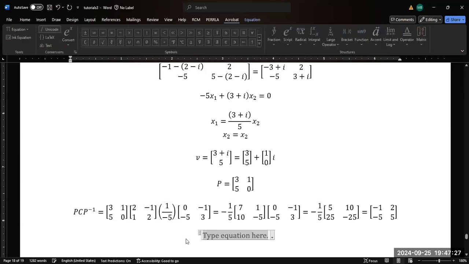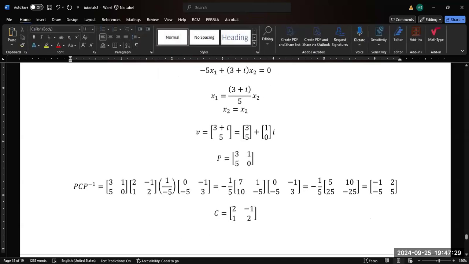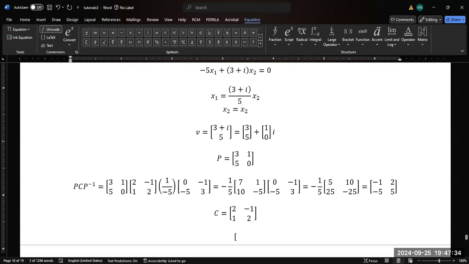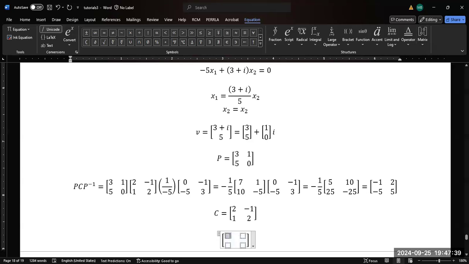Well, if this is C, remember what we're essentially comparing this to is the rotation matrix that was cosine theta, minus sine theta, sine theta, cosine theta.